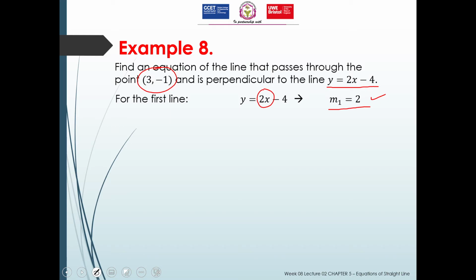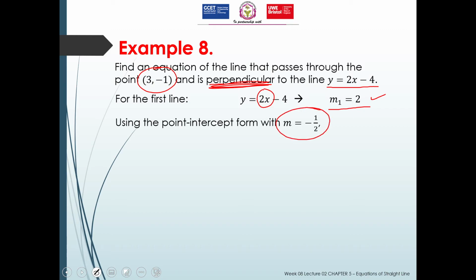Now, since this first line is perpendicular to the required line, the gradient of the required line should be the negative reciprocal of the gradient of the first line. So that gives us the gradient of the second line equal to -1/2. So we have the gradient, we have a point.